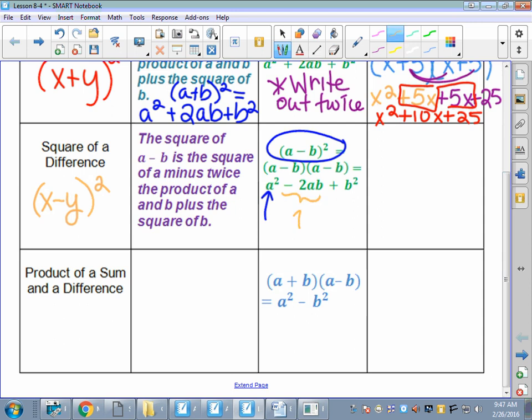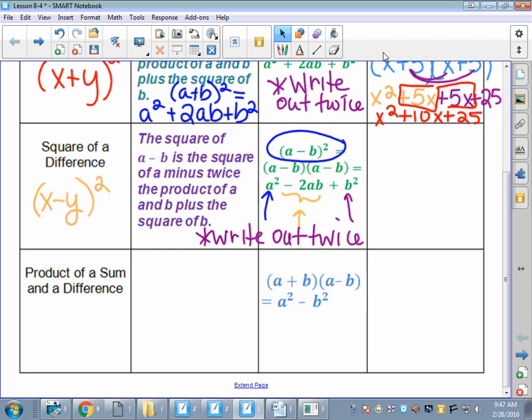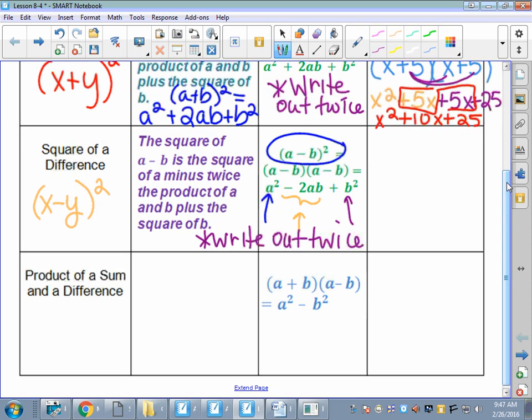So notice it's a negative, minus 2ab, plus the square of b. I never remember that, so I'm going to tell you, same for this one, write out that difference twice. FOIL it. If you get the pattern, if you understand it, please do it. If you don't, don't worry about it. Just write it out 2 times and do the math.